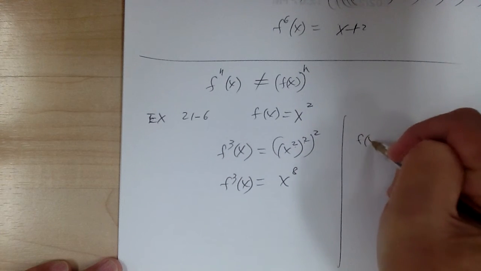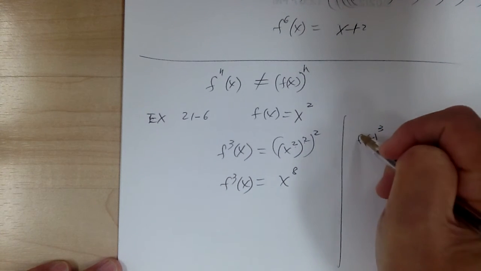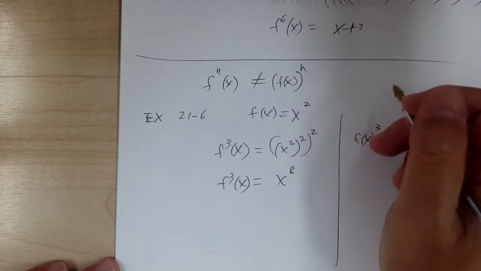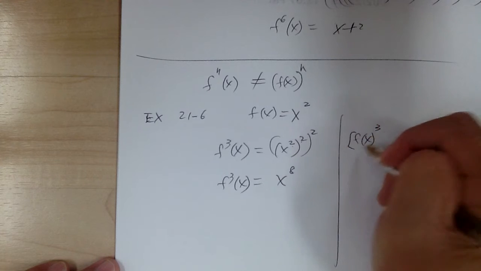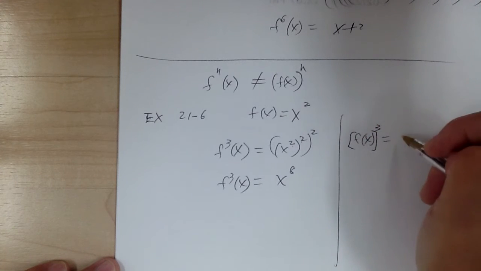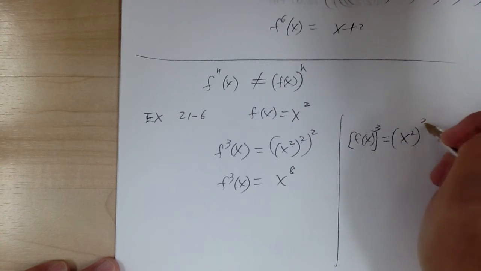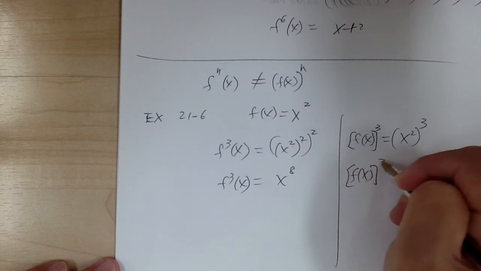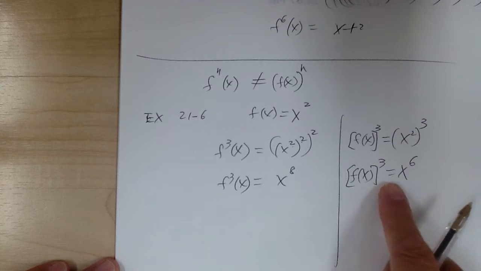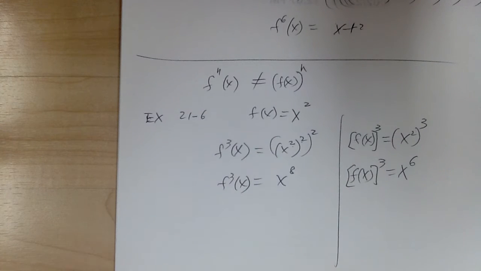Whereas f of x to the 3 power would be x squared to the 3 power. So f of x to the 3 power equal to x to the 6. So they are not the same. So you have to be very careful.